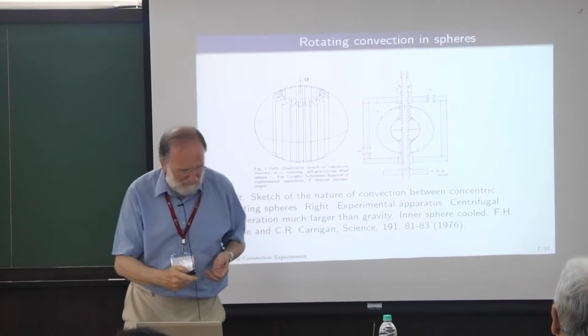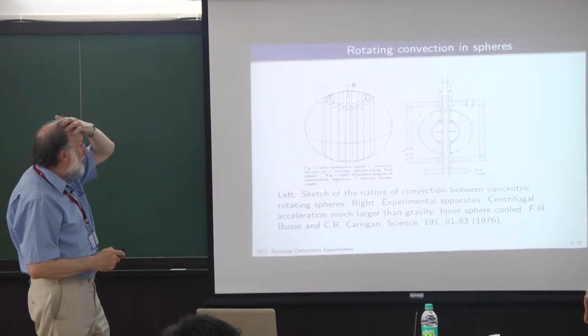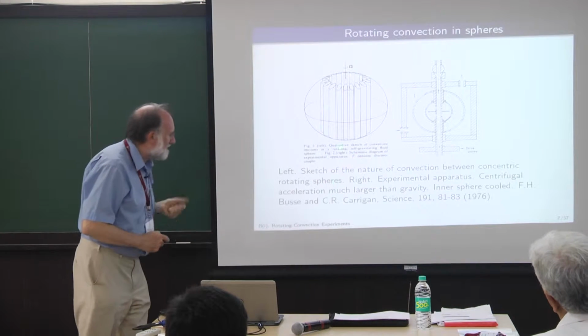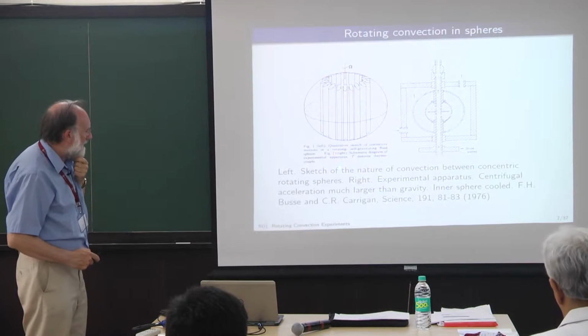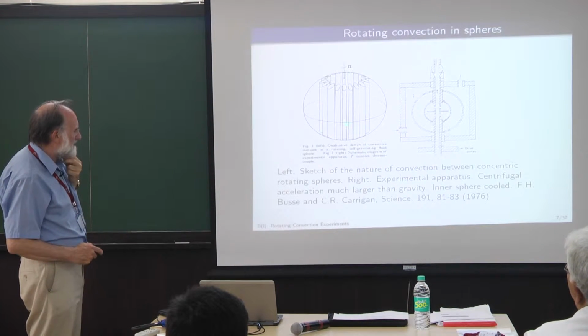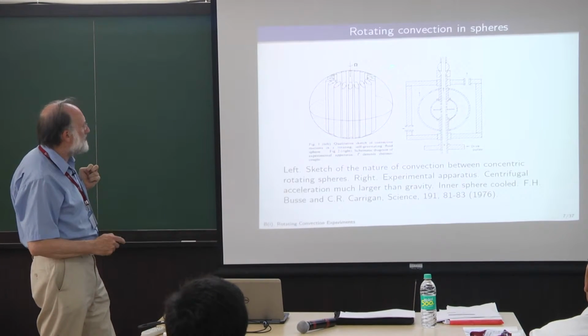Let's give an overview first of what actually happens in a sphere. We'll go through the maths a bit later. That's a sketch of what happens near the onset of convection between rotating concentric spheres. This is Busse's picture.